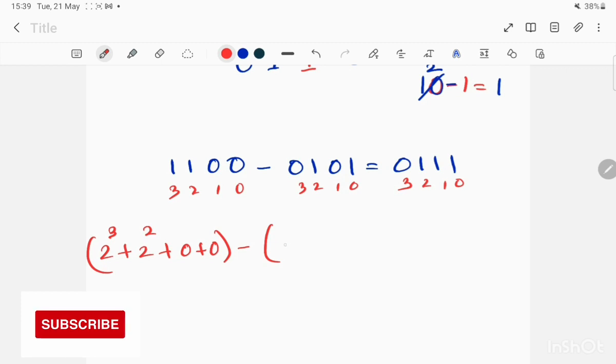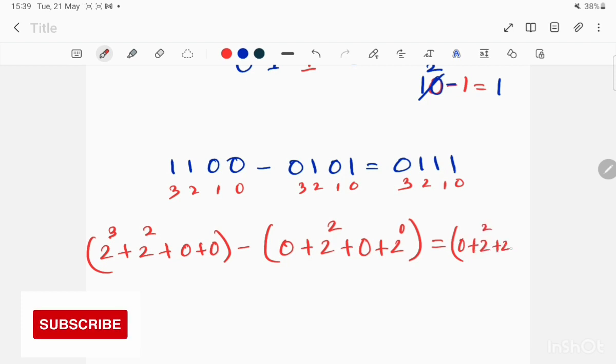And then we have 0 plus 2 to power 2 plus 0 plus 2 to power 0. And then last we have 0 plus 2 to power 2 plus 2 to power 1 plus 2 to power 0.